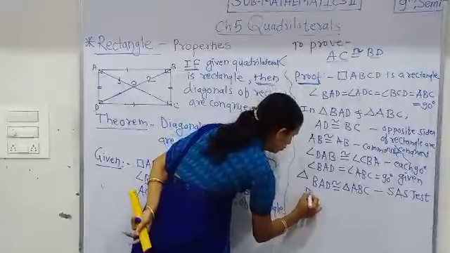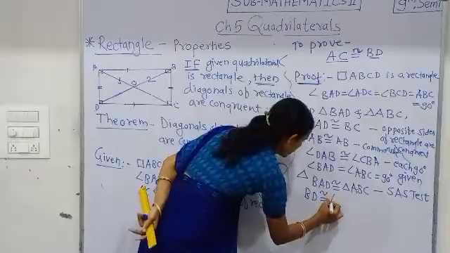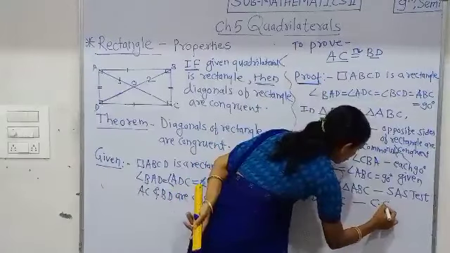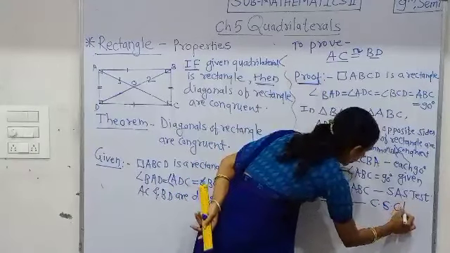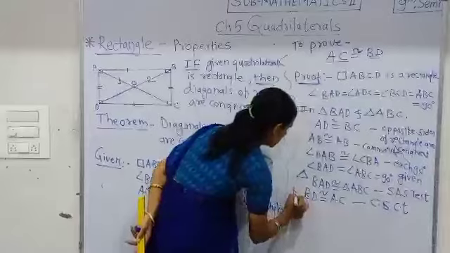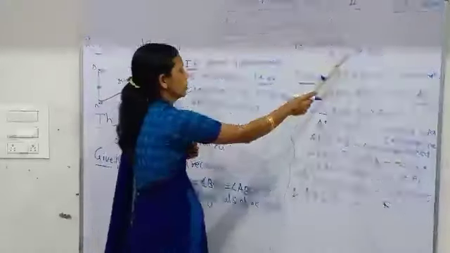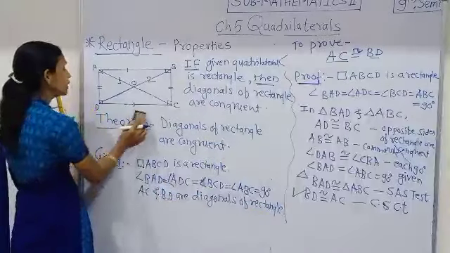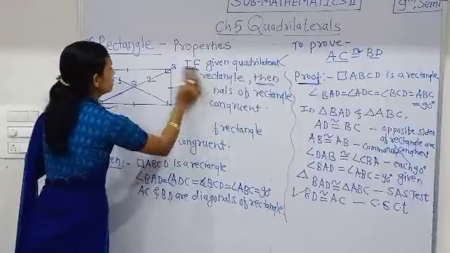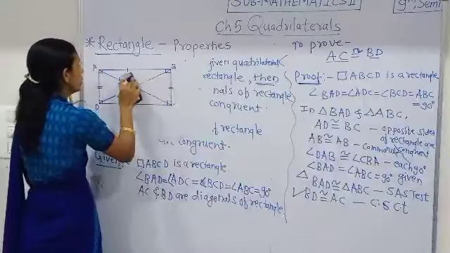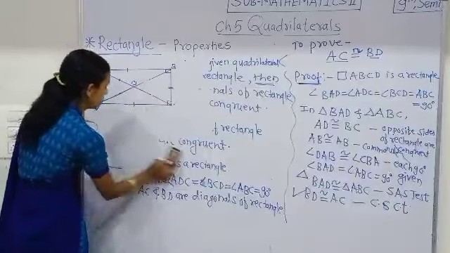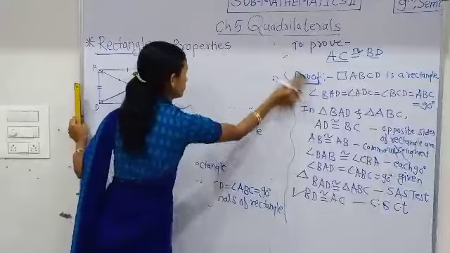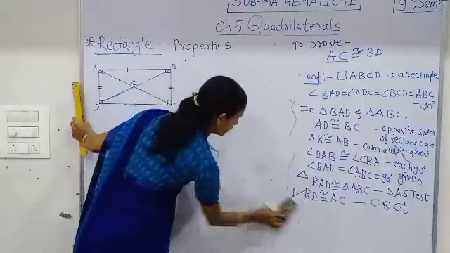Therefore, BD congruent AC, because of corresponding sides of congruent triangles, and that is the proof of our theorem.